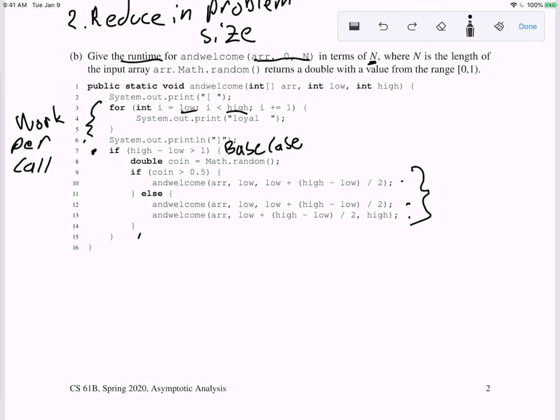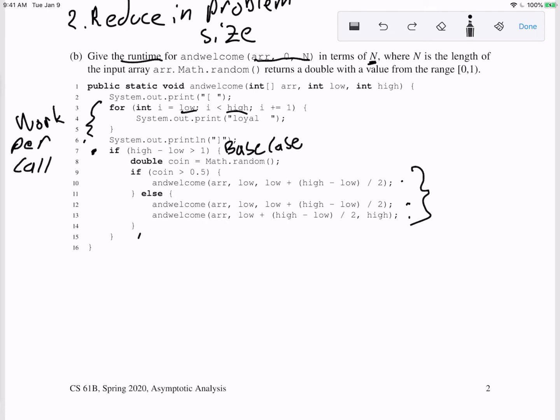And that's going to drastically affect the runtime of the function. So we can't assume coin's always more than half and then do analysis where it always does line 10. And we can't do the opposite. We can't assume it always does lines 12 and 13.